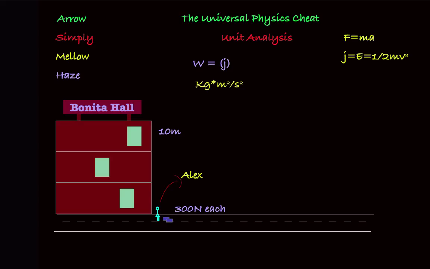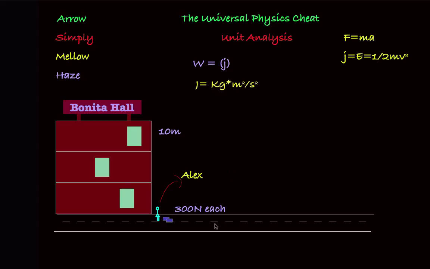Okay, so joules can also be written as kilograms times meters squared over seconds squared. Okay, so I still don't know what the formula for work is, but I feel like I'm on some kind of path that might help me figure it out.